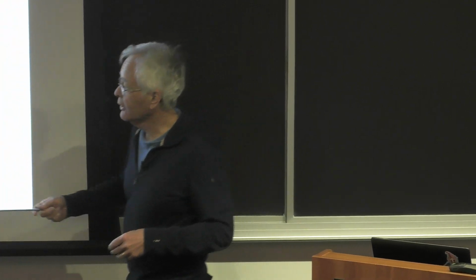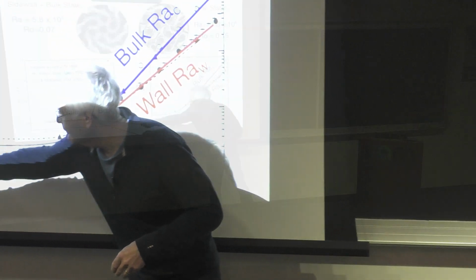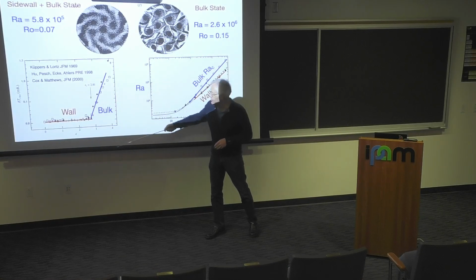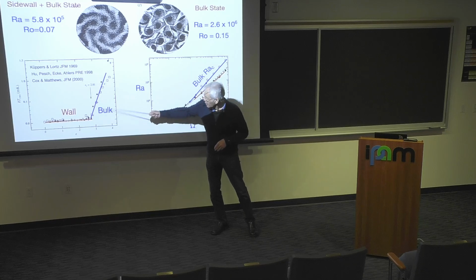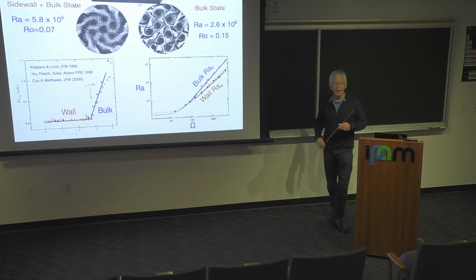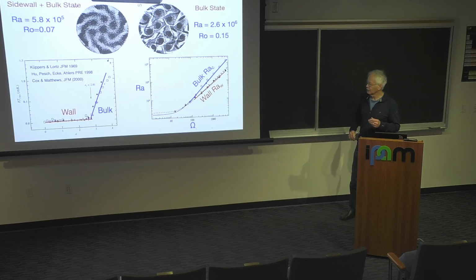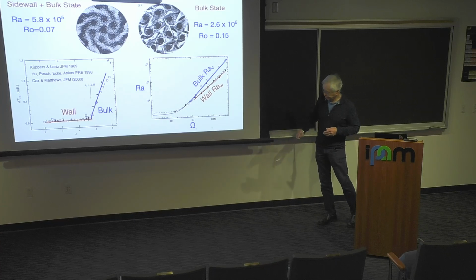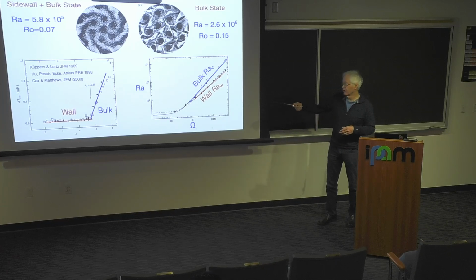So if you look at the heat transport as a function of time, there are no RMS fluctuations until you get to the bulk state, in which Nusselt fluctuations start. And actually, I think that's a useful mechanism, a useful ingredient to look at in both experiments and also in numerical simulations.